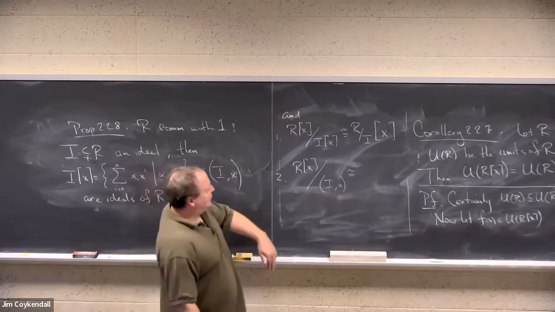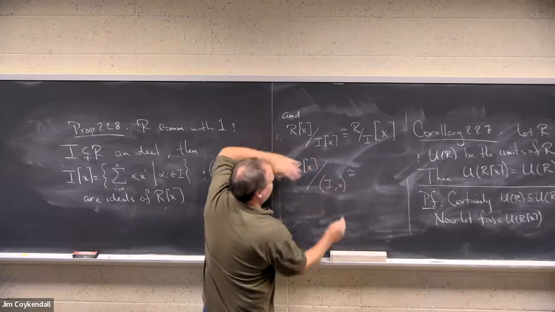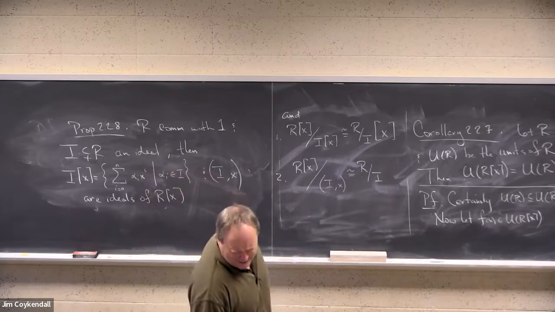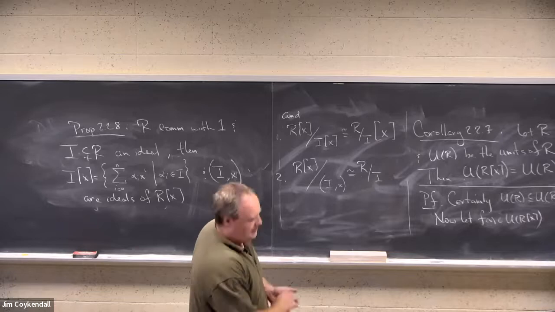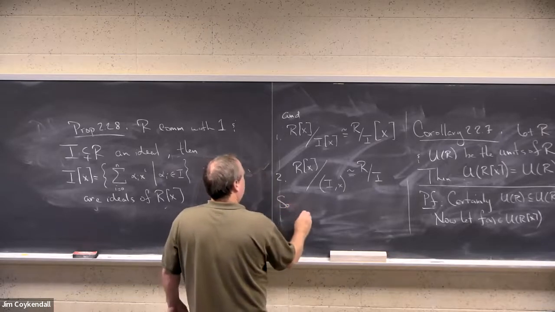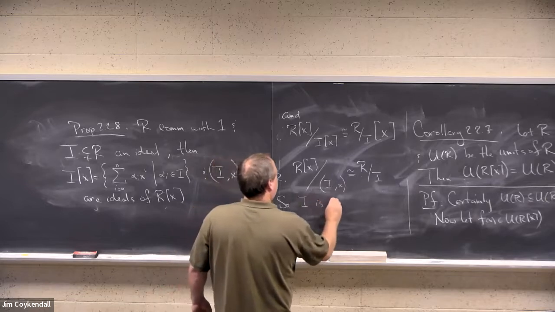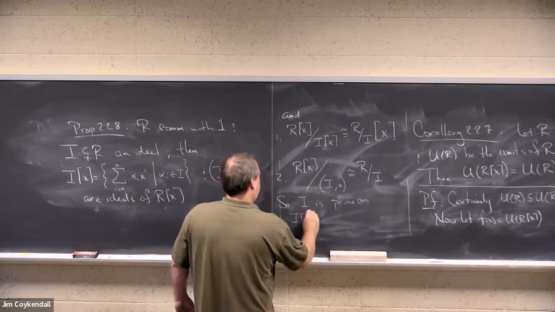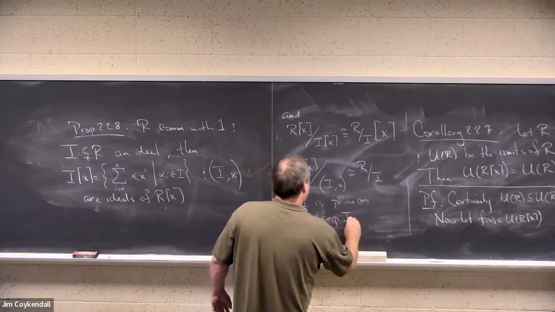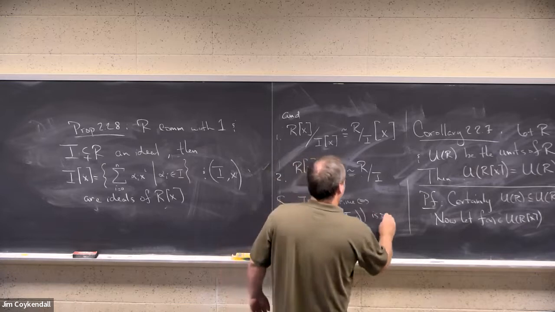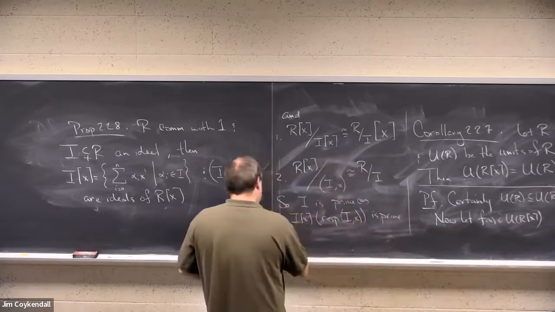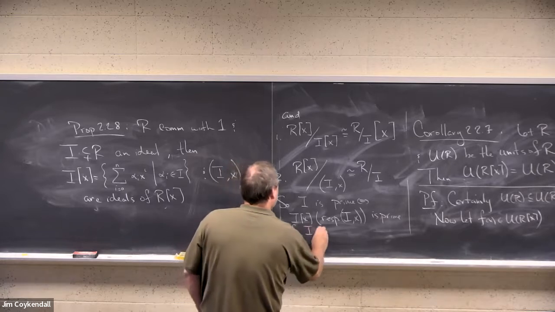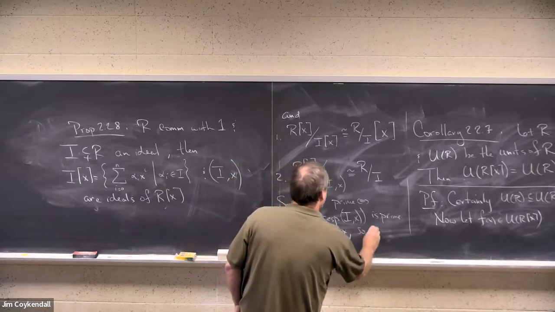Let me be sloppy and show you my intuition. x is 0 now, so this should be R/I. Three, I is prime if and only if I[x] respectively (I, x) is. And if I is maximal, so is (I, x).